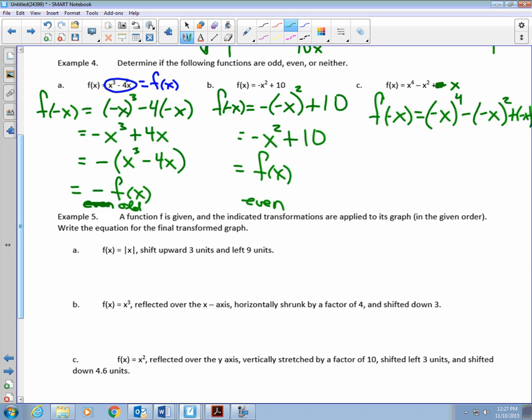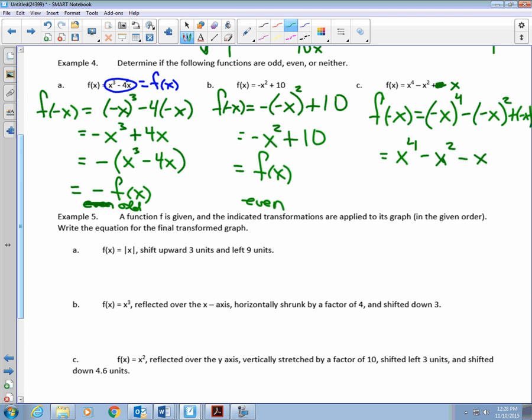What is negative x raised to the fourth power? Positive x to the fourth. Will it be a minus x squared or a plus x squared? Minus x squared. Will it be a minus x or a plus x? Minus x.